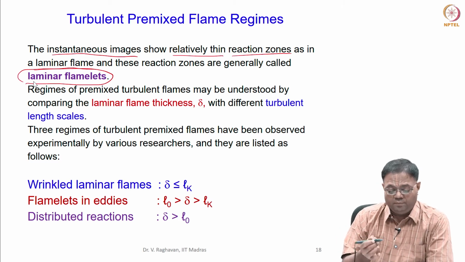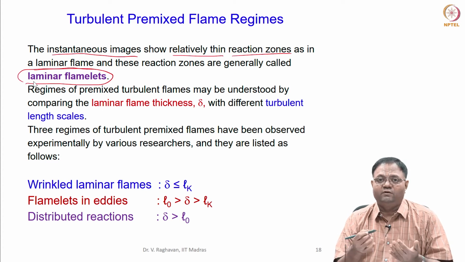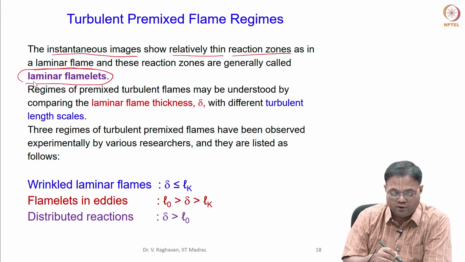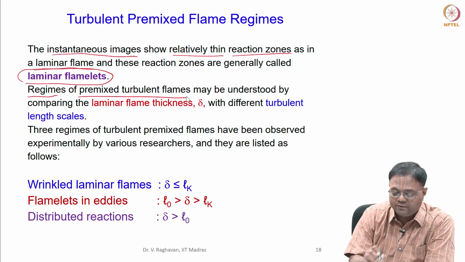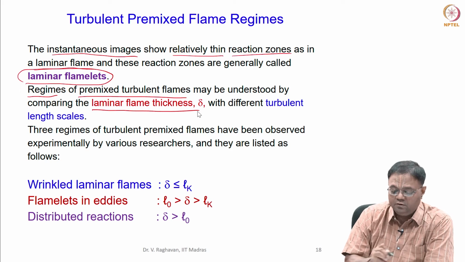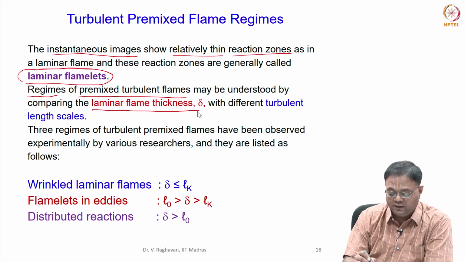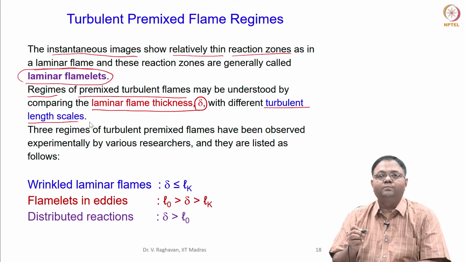But based upon the size of the reaction zone, we have several regimes. So that we will come to now. Okay. So the regimes of premixed turbulent flames can be understood by comparing the laminar flame thickness delta with the turbulent length scales. That is the simplest thing we will do.